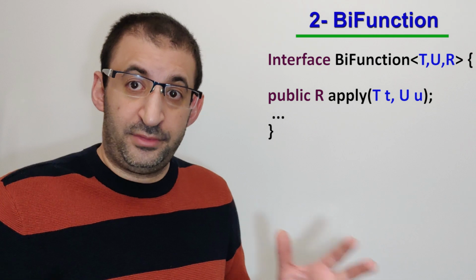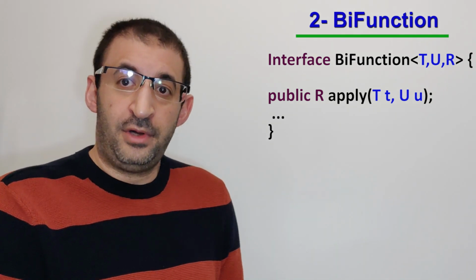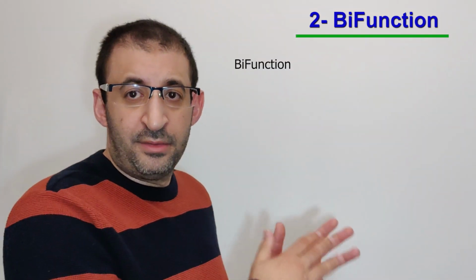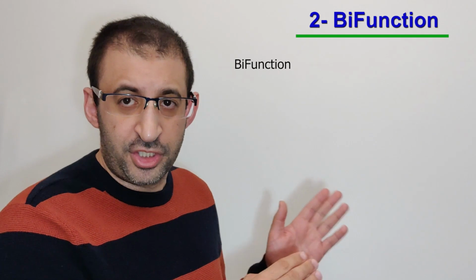As a simple example, I want to get the multiplication between two integers. To do this, how do I create my BiFunction?